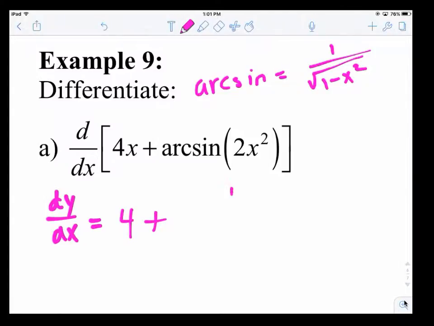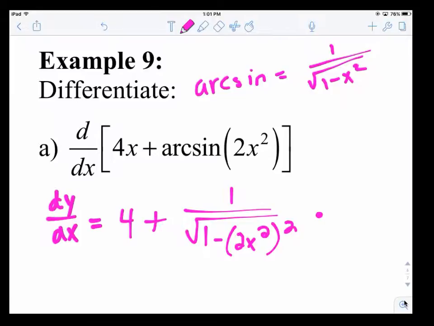So you have plus 1 over square root of 1 minus 2x squared, times now the chain rule, right? So what are you taking the arc sine of? The derivative of this now is what? 4x. Right.